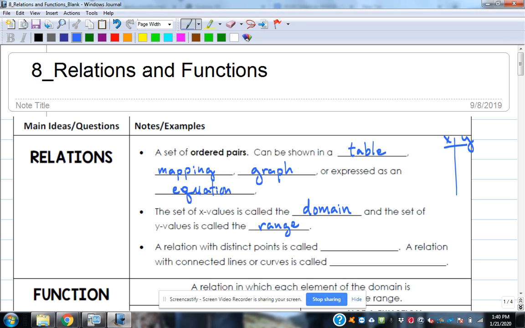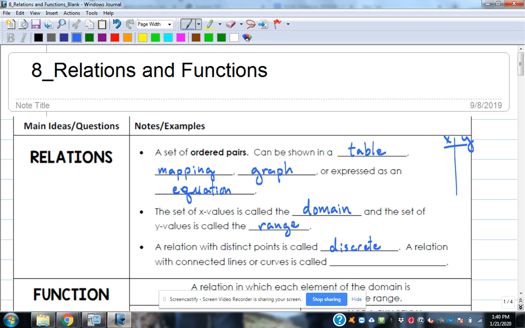A relation with distinct points is called discrete. What that means is you don't have a continuous line. You have individual ordered pairs. Discrete things are separated. It doesn't connect.